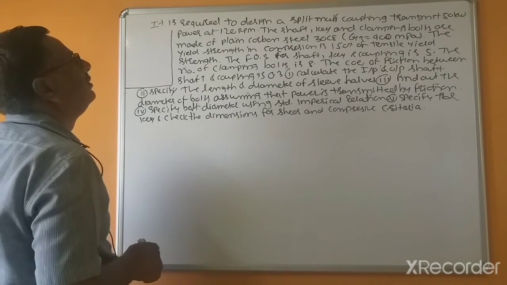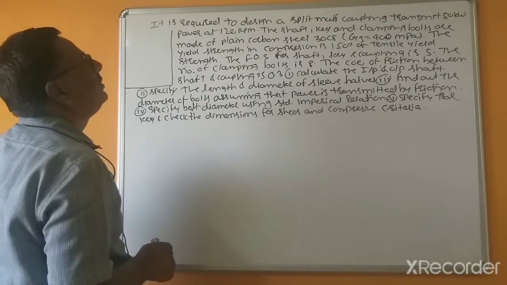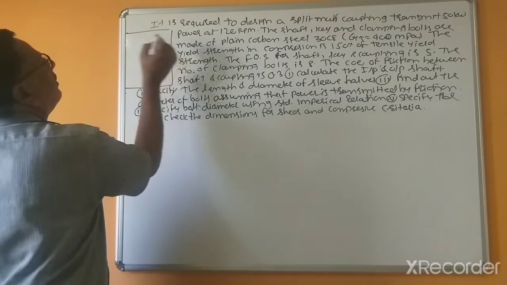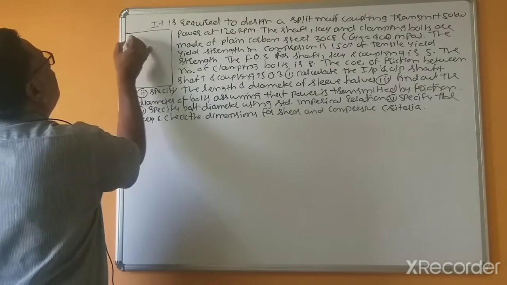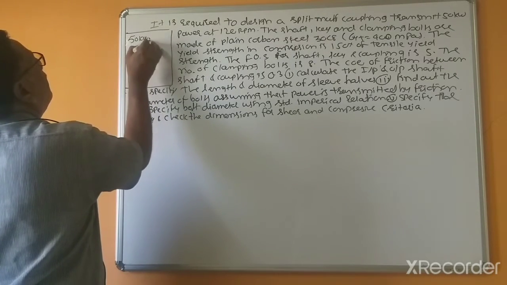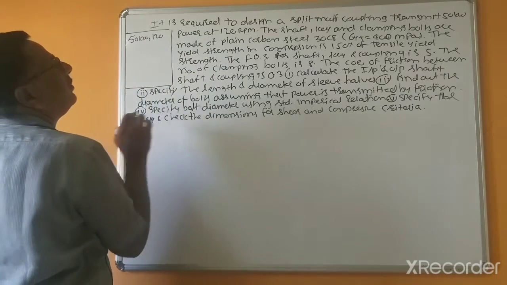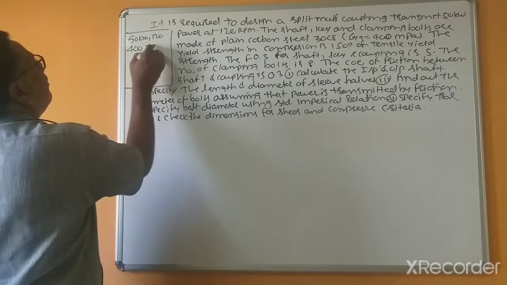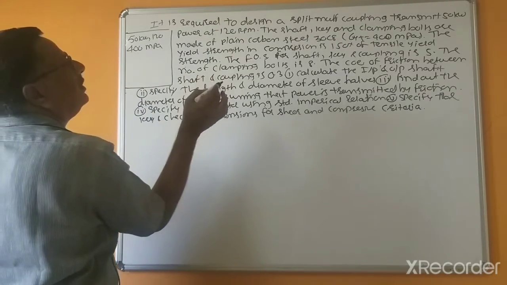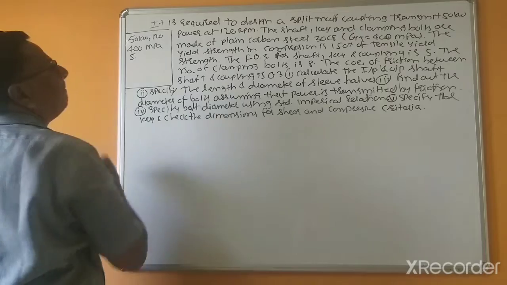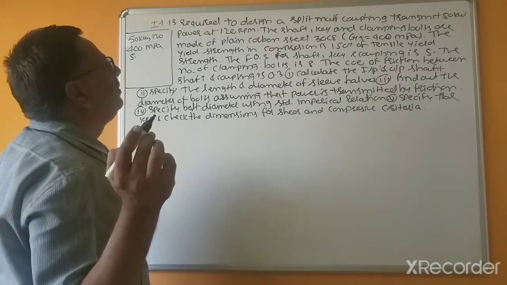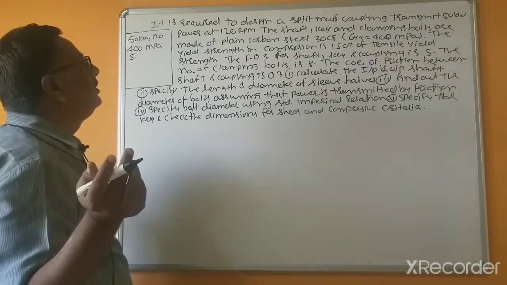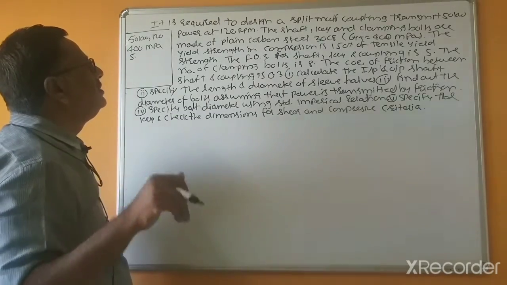What is given? Sigma YT 400 megapascal, factor of safety 5, power 50 kilowatt, RPM 120. The material for the coupling is not mentioned and not necessary, because there is no need to check the coupling.